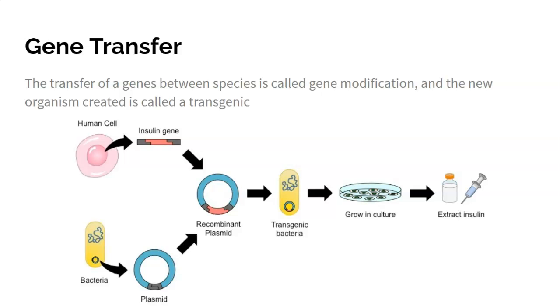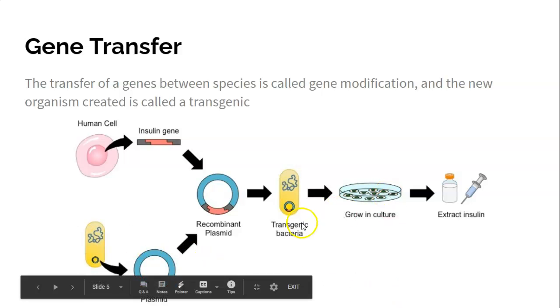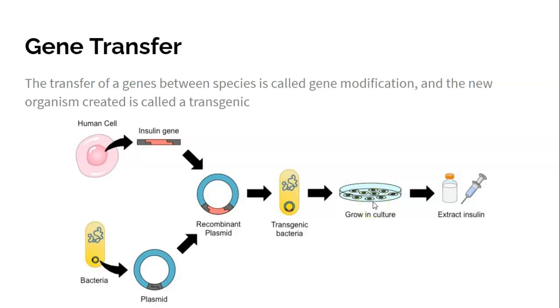So I have that transgenic bacteria, right? I have that different gene in this organism, so it's transgenic now. I can grow it in culture and grow tons of it, but then I can extract that human insulin gene, and now I just have a ton of insulin that I can use for people that have diabetes.